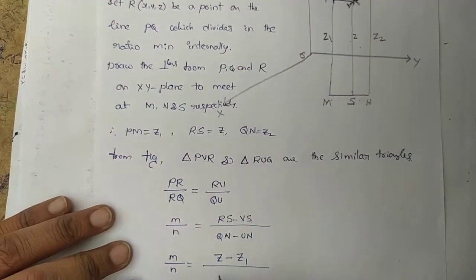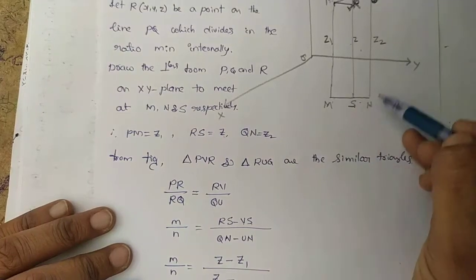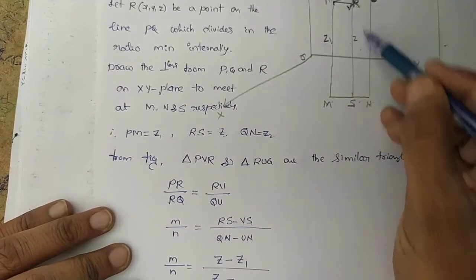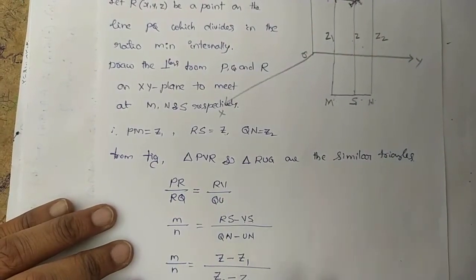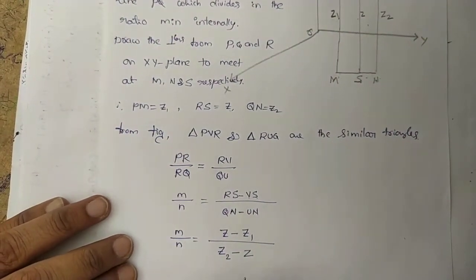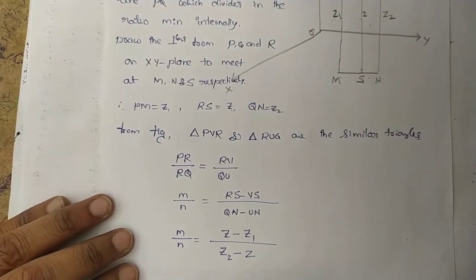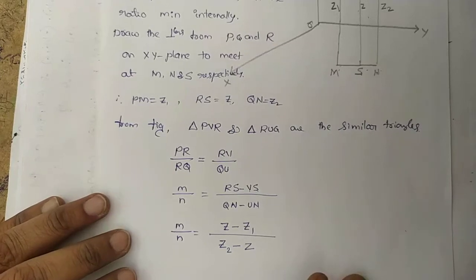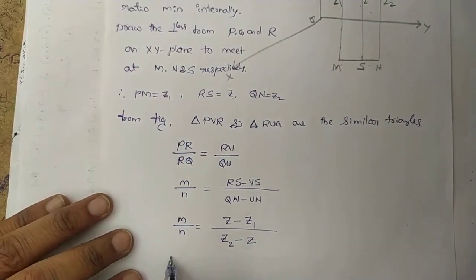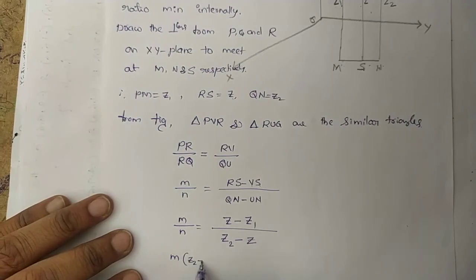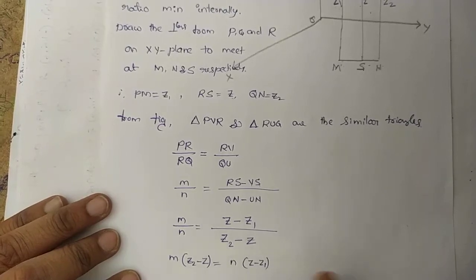QN is z2, and UN is also equal to RS, that is z. So m/n equals (z minus z1) divided by (z2 minus z). Now take the cross multiplication to find z: m into (z2 minus z) equals n into (z minus z1).